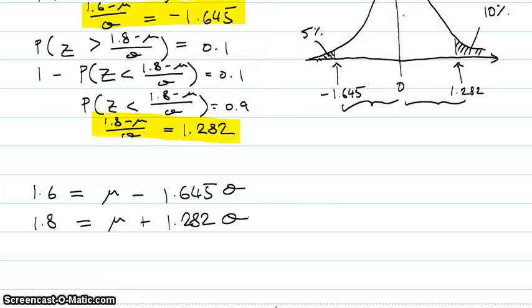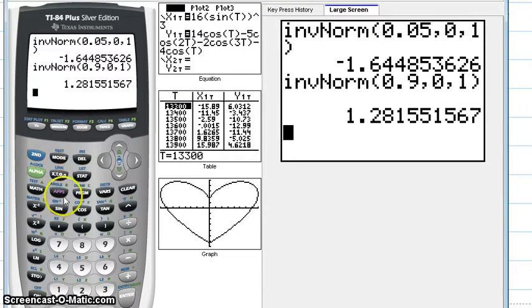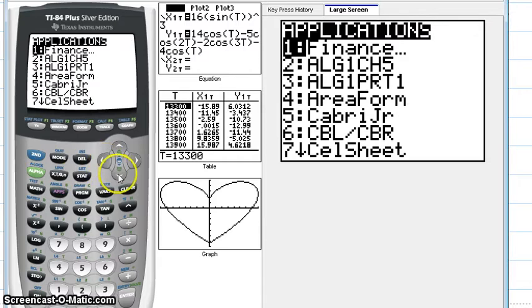I can actually substitute these into the polysimultaneous equation solver app on my GC. So from GC, and let's hope that my GC actually has it on it. Go to apps. It does, but it's a long way down.